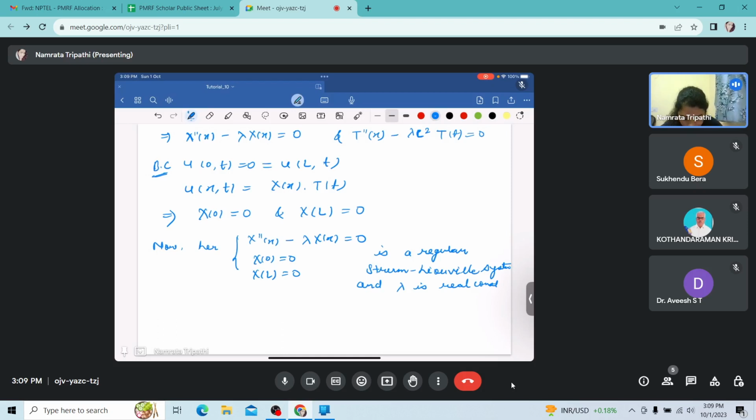In the previous lecture, we discussed the Sturm Liouville problem. Simply find the solution and apply the boundary conditions, then you will get the non-trivial solution.